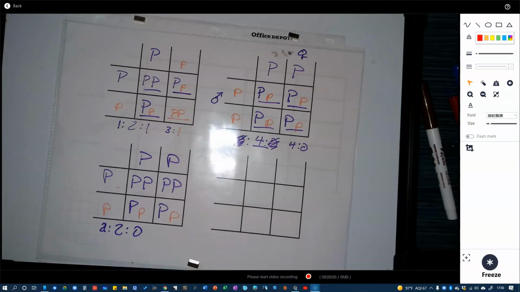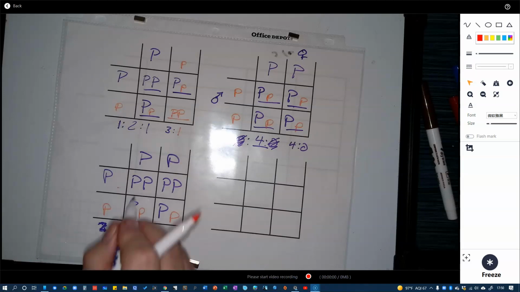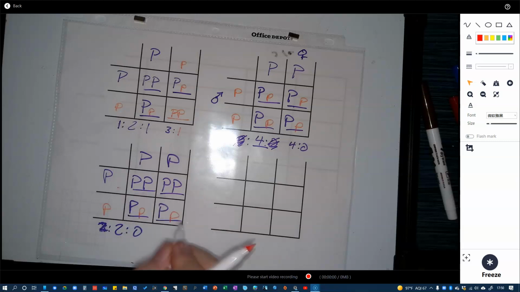So you have 2 homozygous purple, 2 heterozygous, and 0 homozygous orange. And in terms of phenotypes, you have 4 purples completely. Okay?